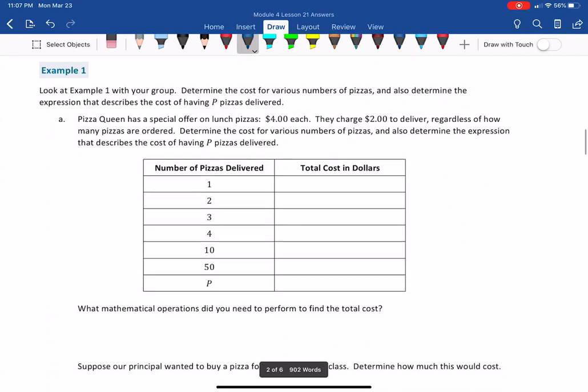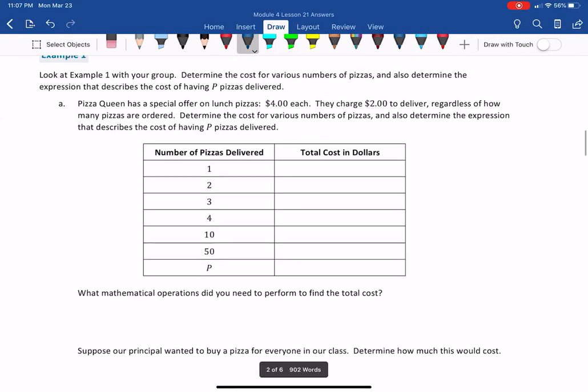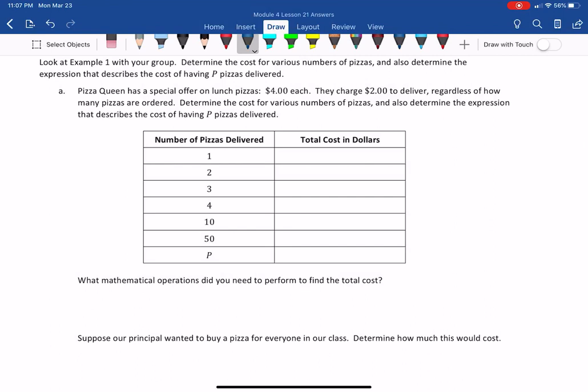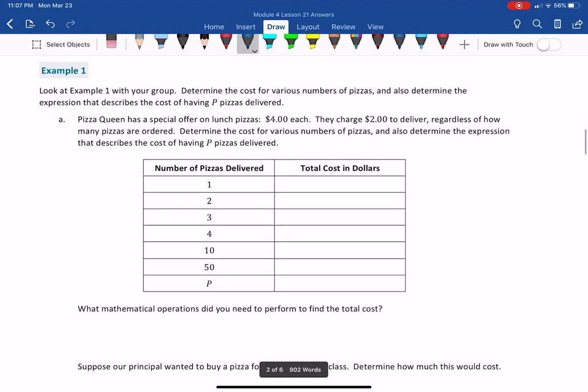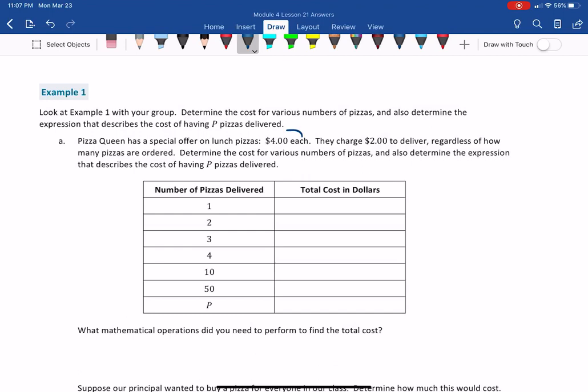So if I do this, okay, let's look at these first little steps. So what math operations do you think we need to do? Well, they're $4 each, and it's a $2 delivery charge no matter how many pizzas I order. My guess is I'm going to multiply by 4 for the pizzas, and then I'm going to have to add the $2 at the very end.